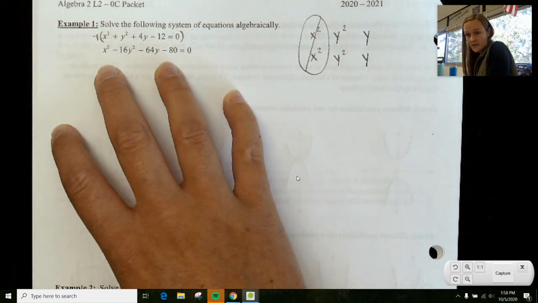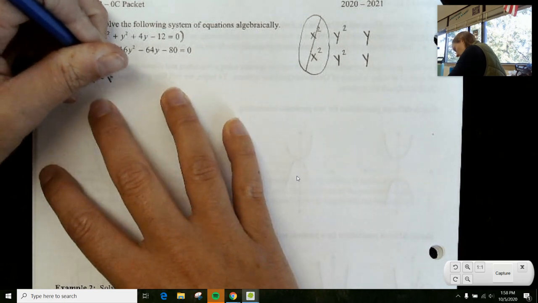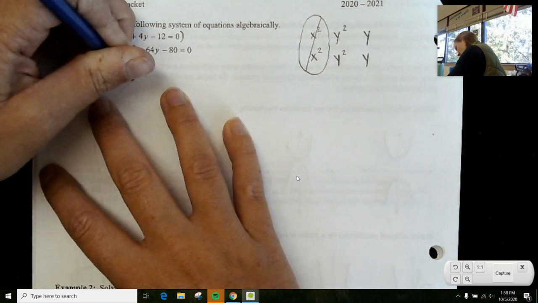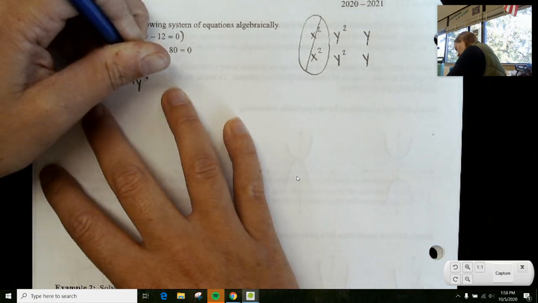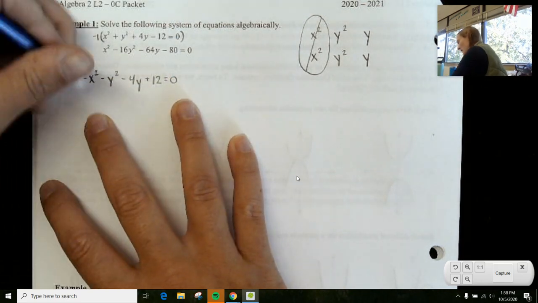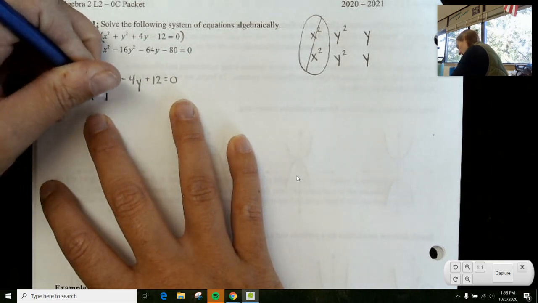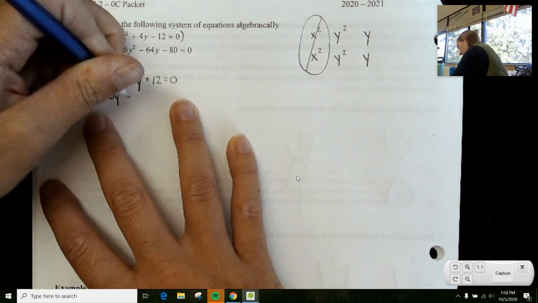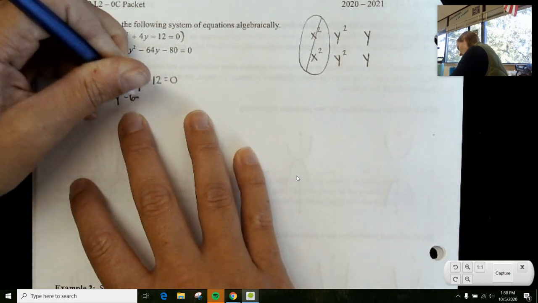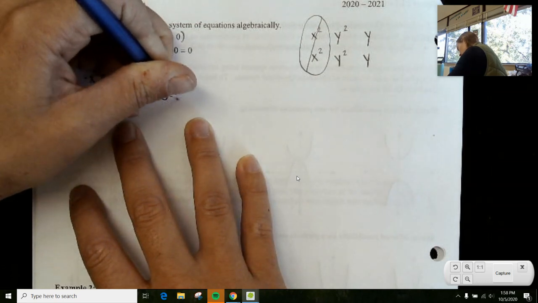So my new system is negative x squared minus y squared minus 4y plus 12 equals 0. And on the bottom, I'm saying the same, x squared minus 16y squared minus 64y minus 80 equals 0.